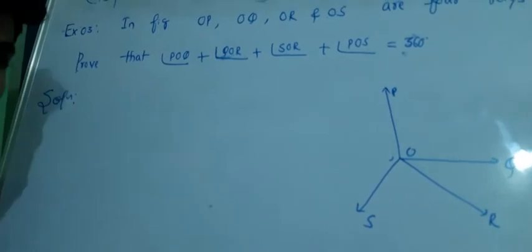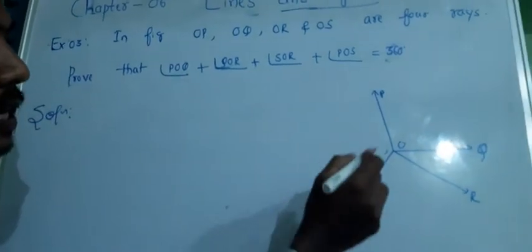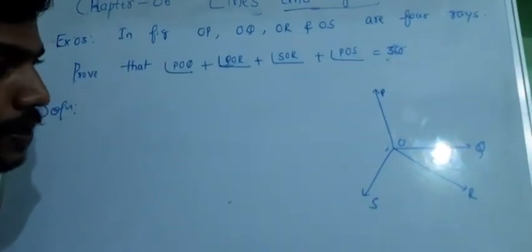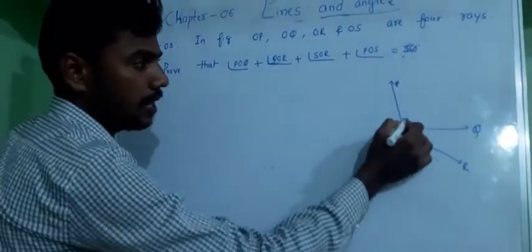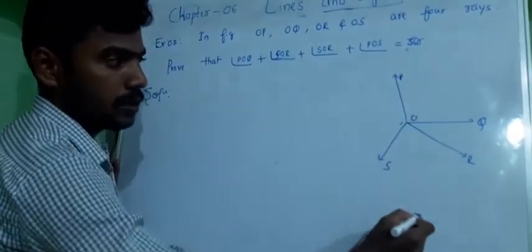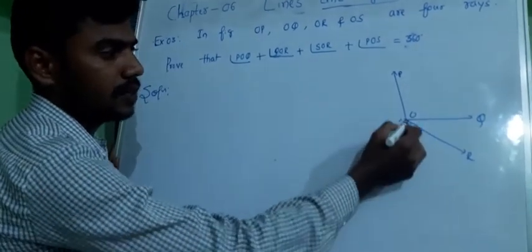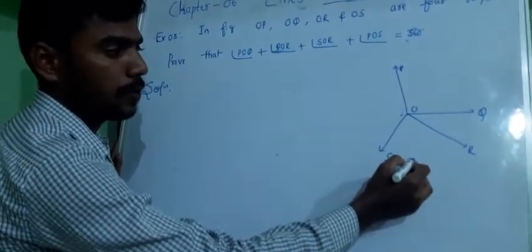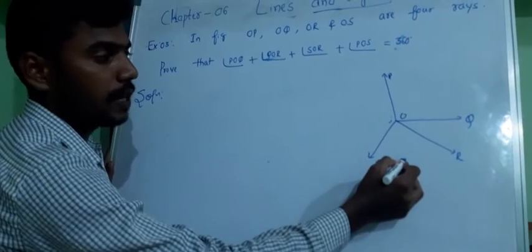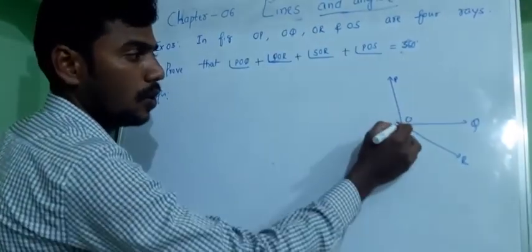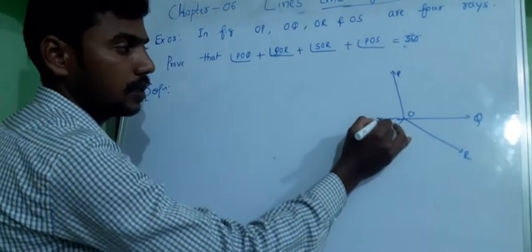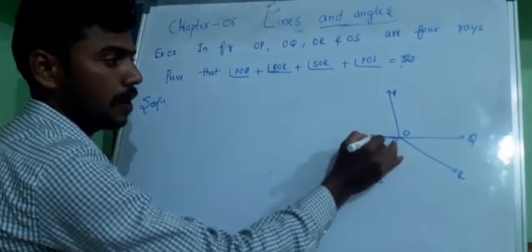Before we begin, we need to produce any of the rays so as to make it a line. You can produce PO to some extent and call it by some other name. What I'm doing is, I will produce QO backwards, so as to form a line.